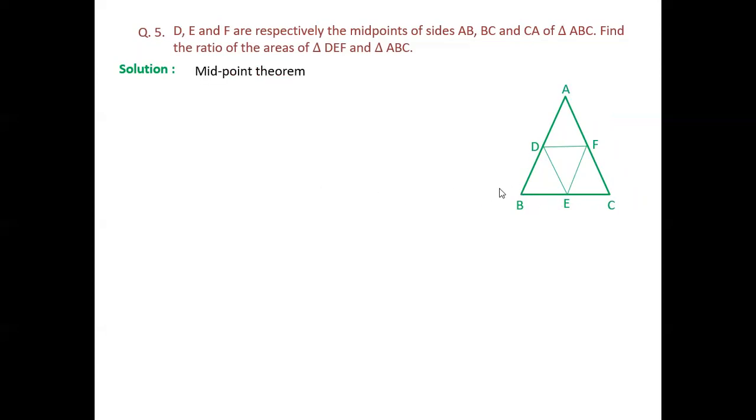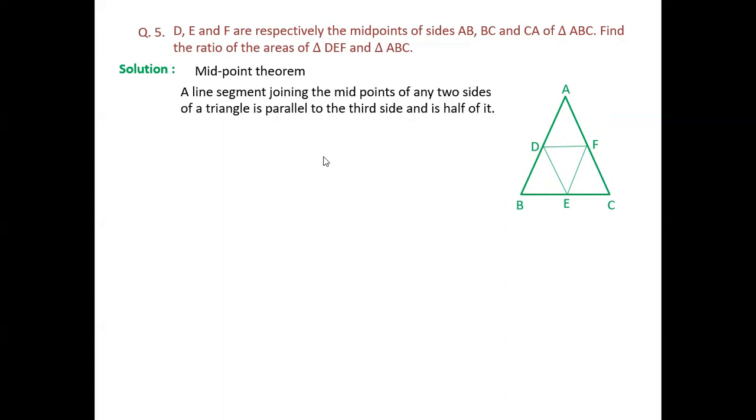Now see, there is something called the midpoint theorem which we learned in 9th standard. As per that theorem, it states that the line segment joining the midpoints of any two sides of a triangle is parallel to the third side and is half of it. D, E, and F are the midpoints.